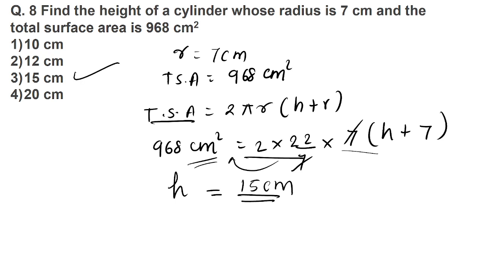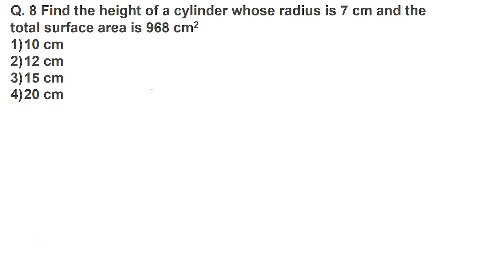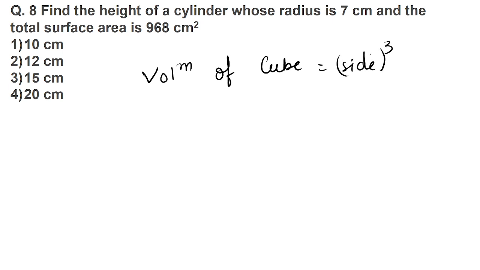So remember the three formulas which are important for us. The very first one is volume of cube. The volume of the cube is equal to side cube. Formula number two, volume of cuboid.